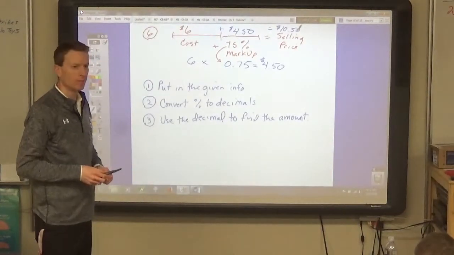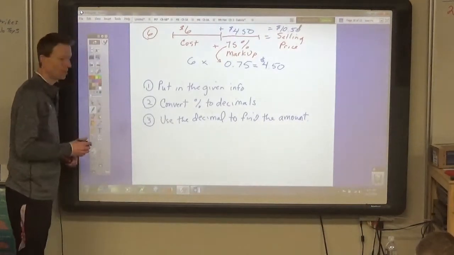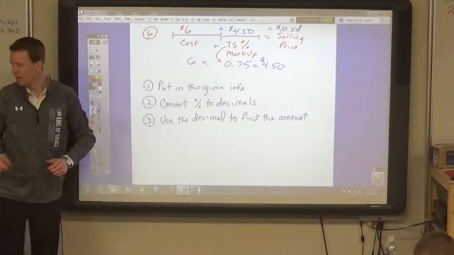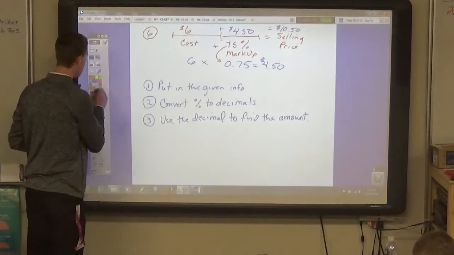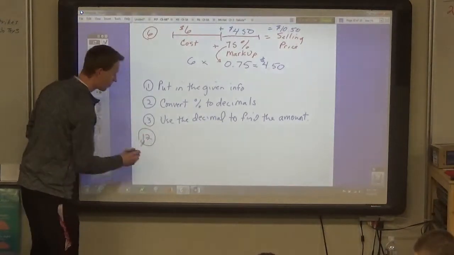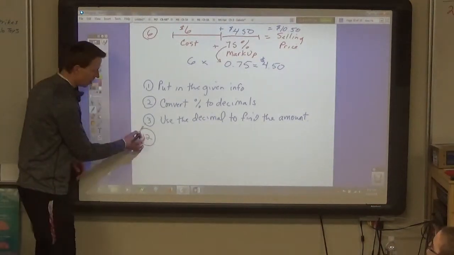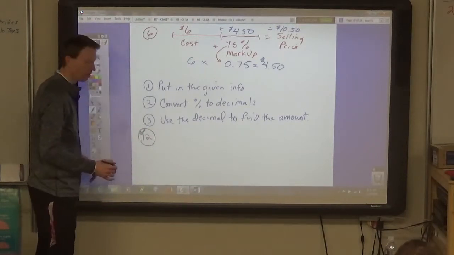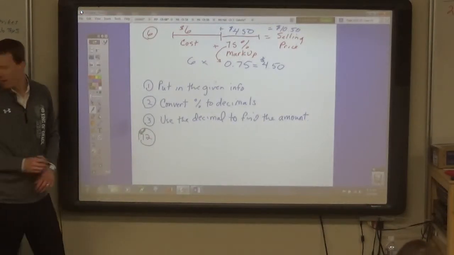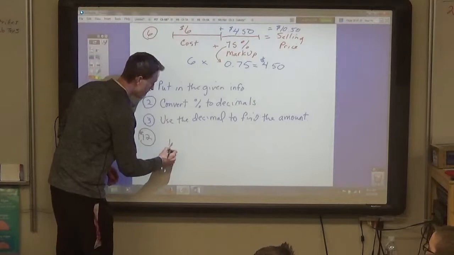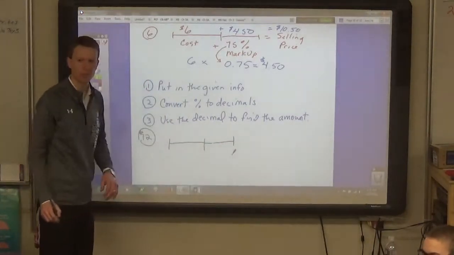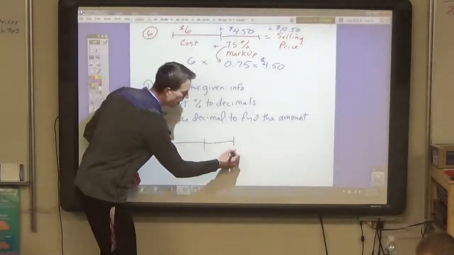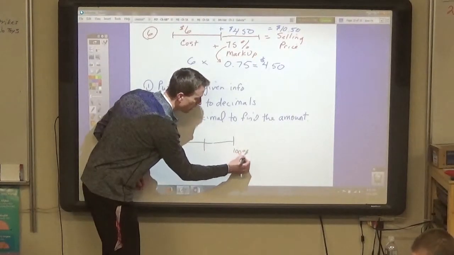Can you do number 12? Yes. Number 12 is one where you're finding the discount. So that's a different procedure. Not step 12, this is number 12. The regular price. So now we're kind of working backwards, okay? Remember, the regular price is 100%.